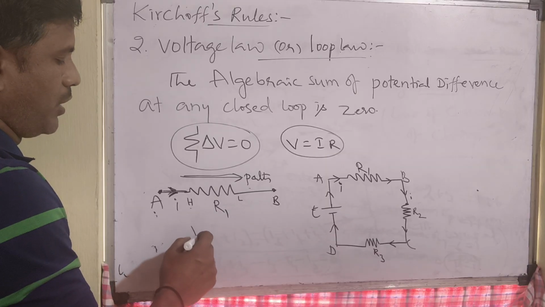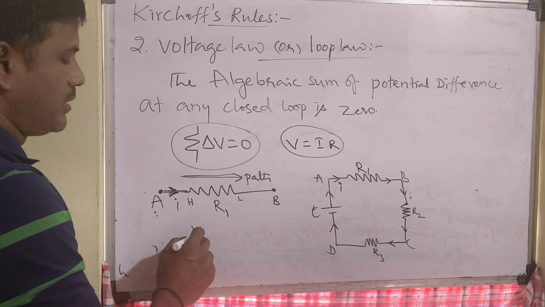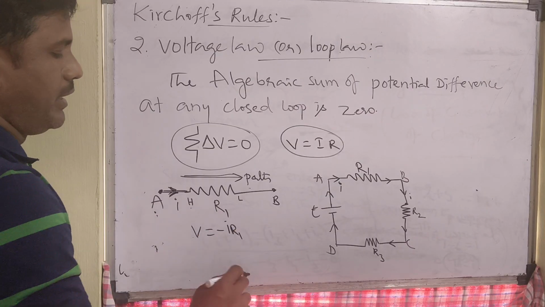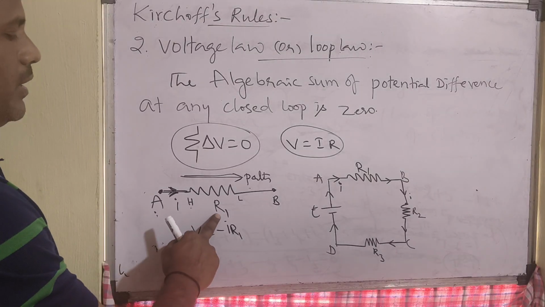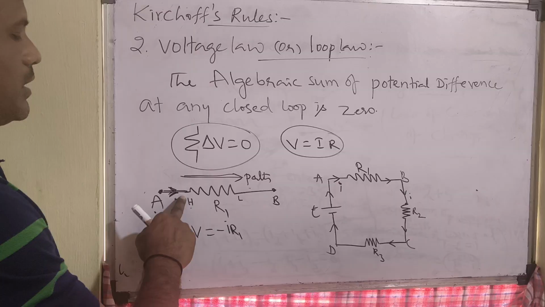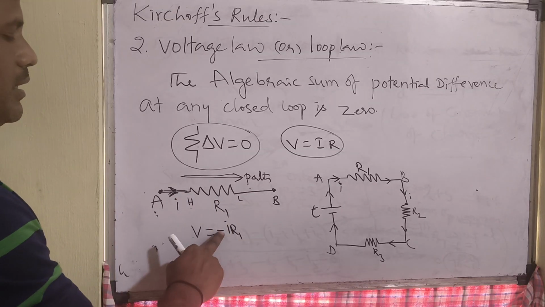That's why the potential difference V_AB, A to B, is V equal to minus IR1. This is the original thing. How much current passes? I. What is the resistance? R1. Why is it minus? When current passes from here to here in the same direction, the potential drops. That's why minus.